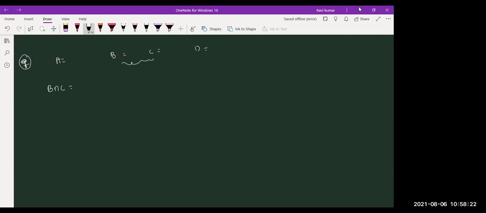What's the common element in B intersection C? Nothing is common, sir. That's why the value will be 5, or not? Yes, sir. Now, what is the value of A cross 5 they're asking us? 5 only. No, just now we have done it, right? Okay, can you do it now?